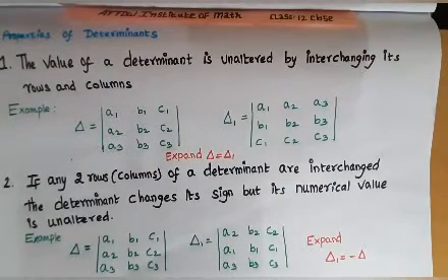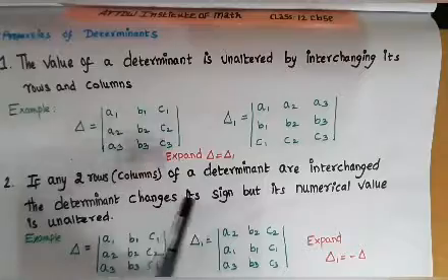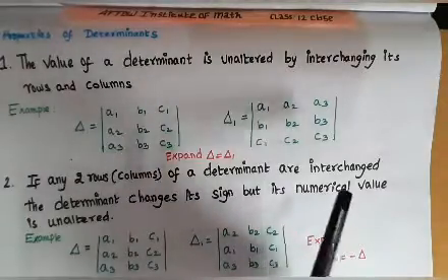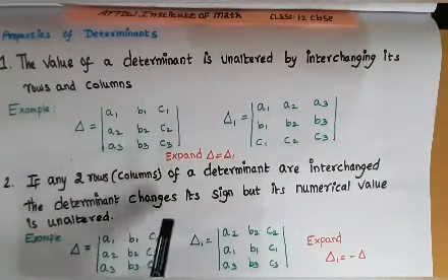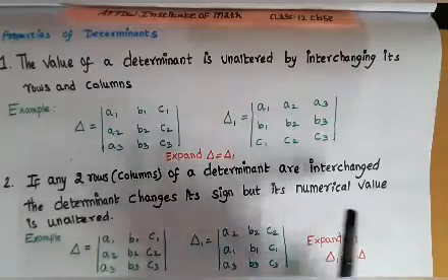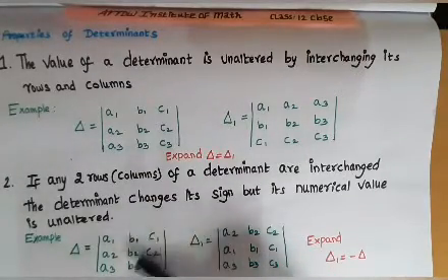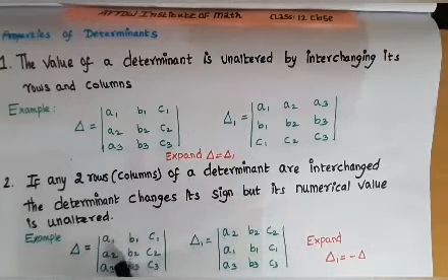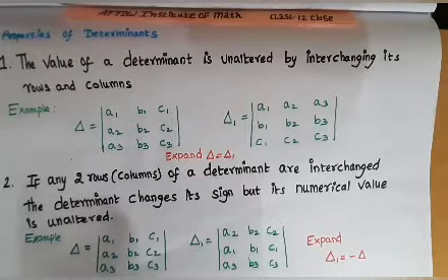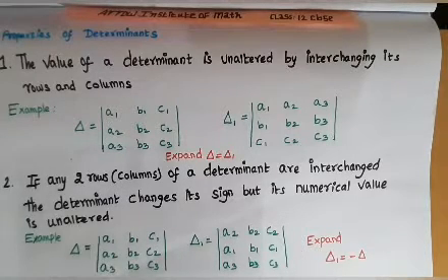Then the second property: if any two rows or columns of a determinant are interchanged, the determinant changes its sign but its numerical value is unaltered. So that means, within the determinant, a1 b1 c1 is row 1, a2 b2 c2 is row 2, a3 b3 c3 is row 3.